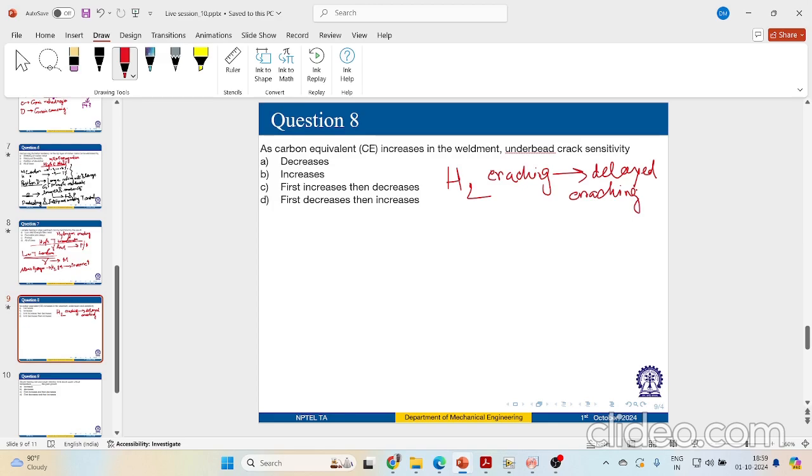So delay for complete fracture depends on what factors. If you are having delay in your fracture, that will depend on different kinds of factors. One is hardenability of steel, then the amount of hydrogen that will be dissolved in atomic scale.